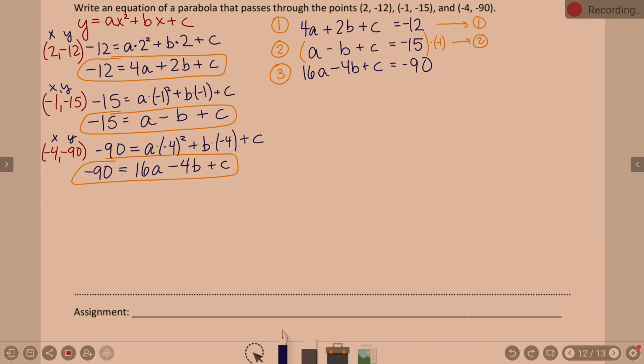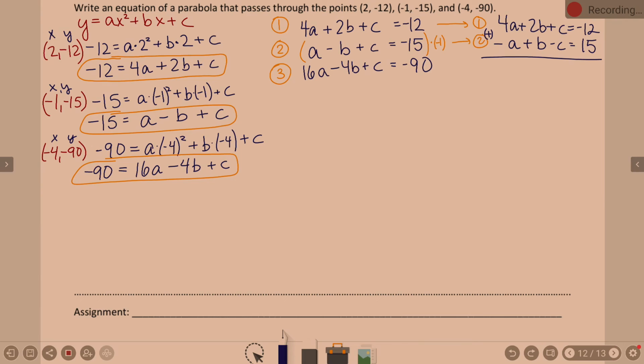So 1 is going to stay as is. 4a plus 2b plus c equals negative 12. And 2, when I multiply it by a negative, negative a plus b minus c equals positive 15. Okay.